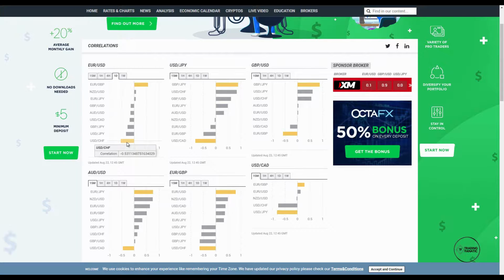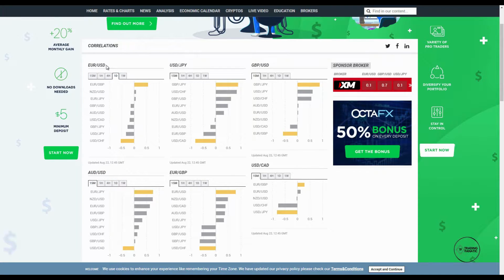As you can see, we have a minus 0.53, and here we have 0.55. So you always want to look at the top one and the one at the bottom, because those have the strongest correlation with your given pair.